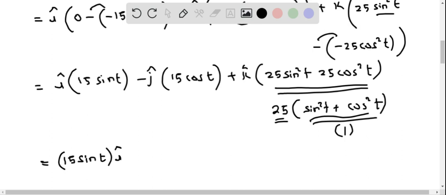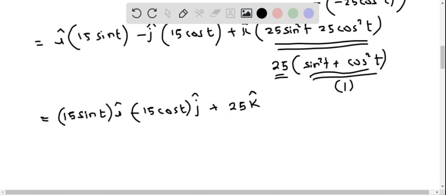So it becomes 15 sine t times i, and this is basically a negative quantity. So I put this as negative 15 cosine t j vector plus 25k, as we already simplified this.